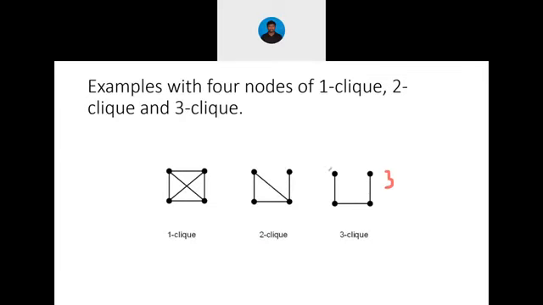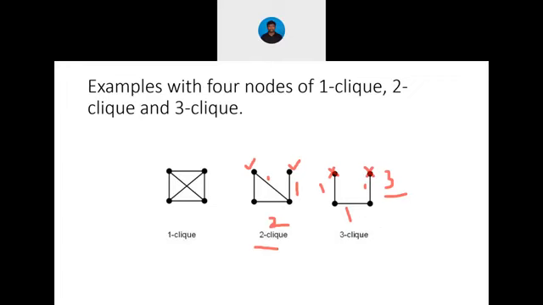For reaching this node from this node, the maximum distance will be 1 plus 1 plus 1, which is equal to 3. From this node, to reach this other node, what will be the distance here? 1 plus 1, the distance will be 2, and hence it is called a two-clique.